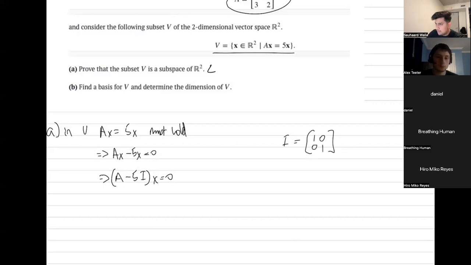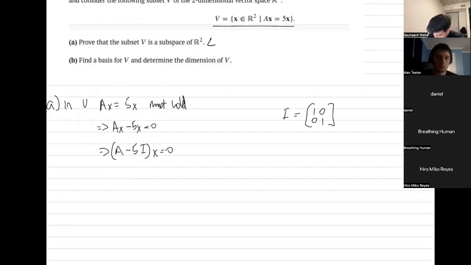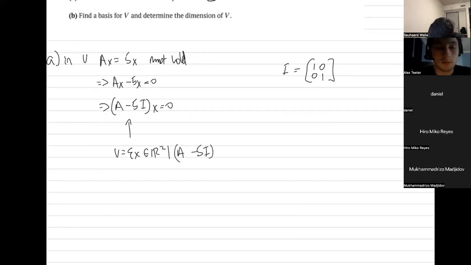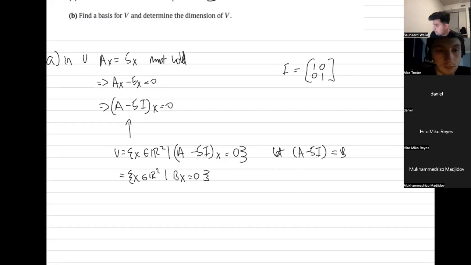Now, once you move further in this course, I don't know if this has been covered already, but what this tells you is V is equal to the set of x. I'm just writing V again. And if I rewrite it, this is the same thing as saying, so what does this tell me about V?